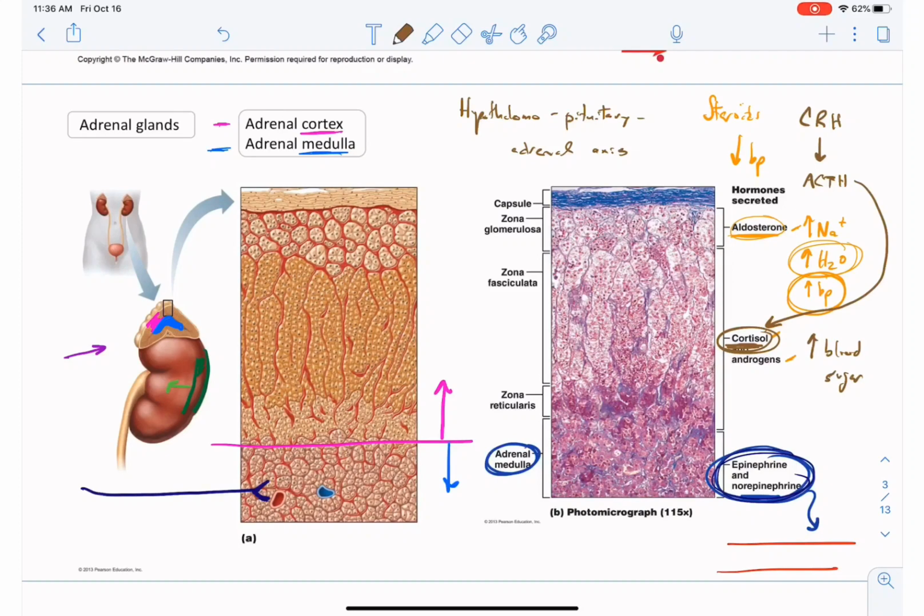Cortisol is also an immune suppressant, so it suppresses the immune system. And so that's another reason why the long-term stress response isn't necessarily beneficial. One, you have aldosterone that's increasing your blood pressure.